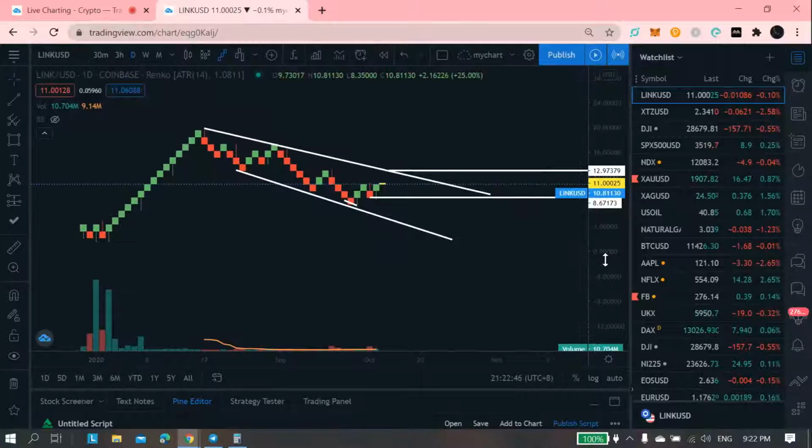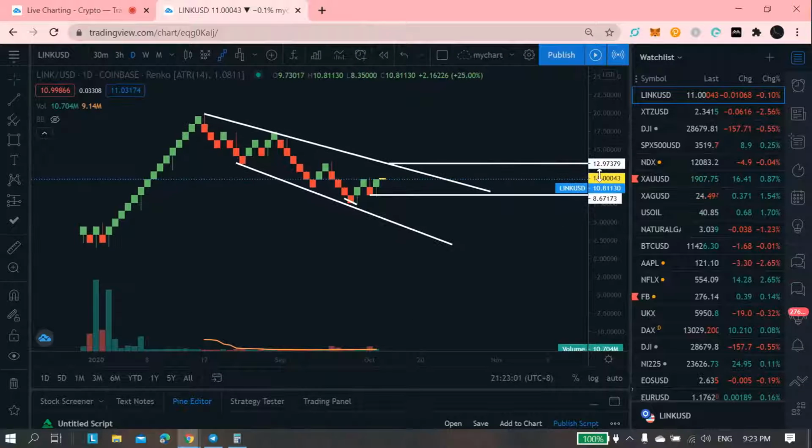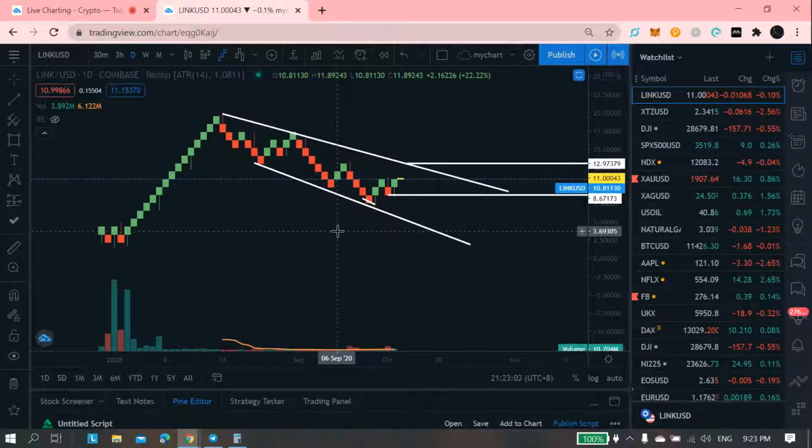But I already took profit, though I know it could possibly retest this area. So of course, when it comes to taking profit, please control your greediness. But I'm still positive here.